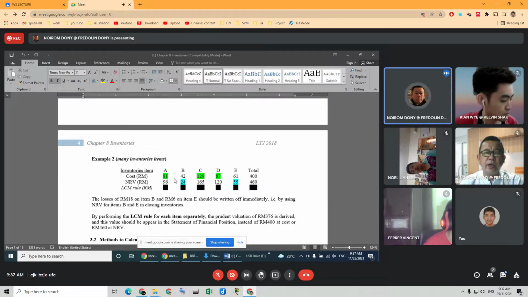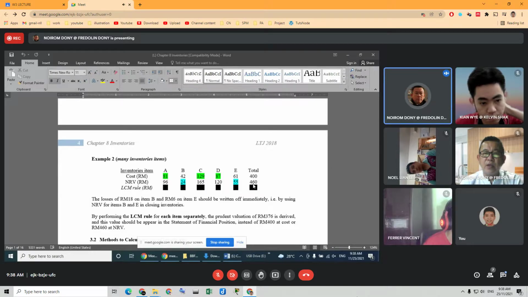So A 81, B 42, C 129, D 87, and E 61. And the total is 400. And then net realizable value: 96 for A, B 24, C 165, D 120, E 55.